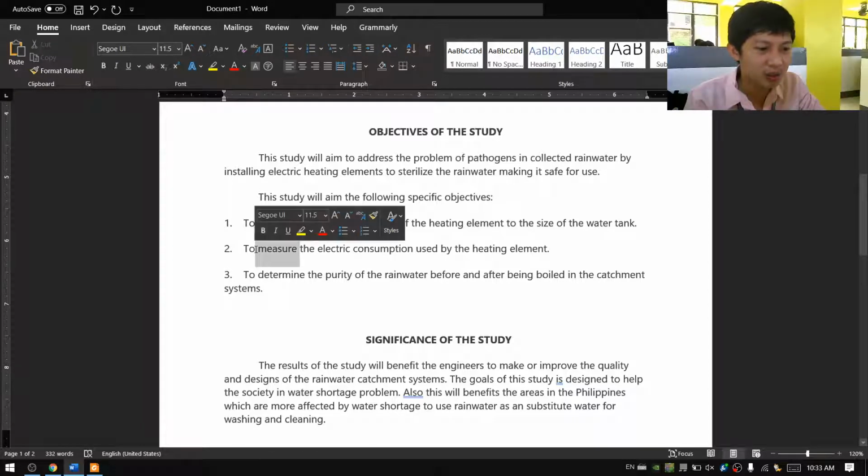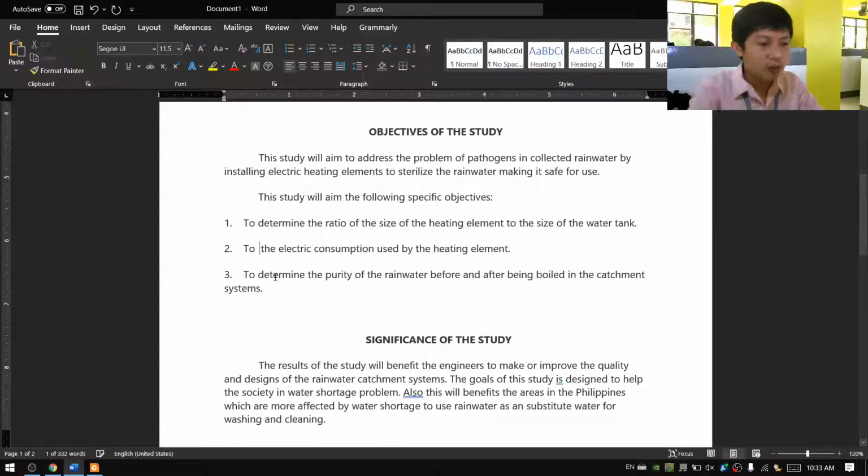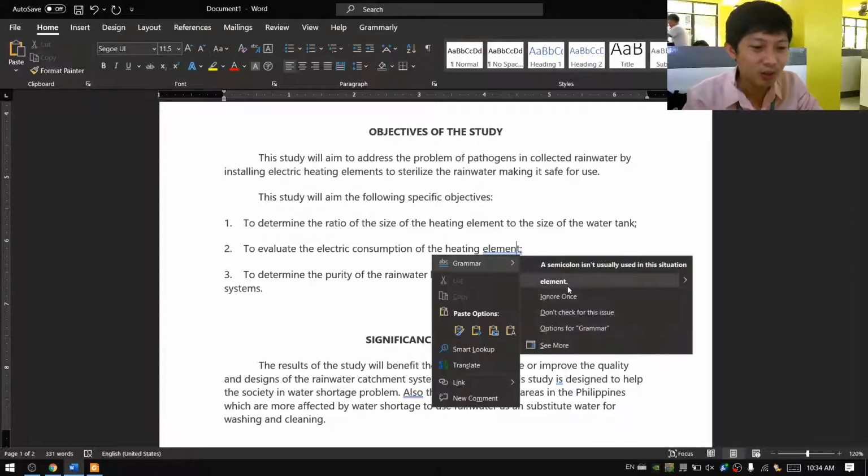Not measure, to evaluate the electric consumption of the heating element, not period. Determine the ratio. I'm just following this here.